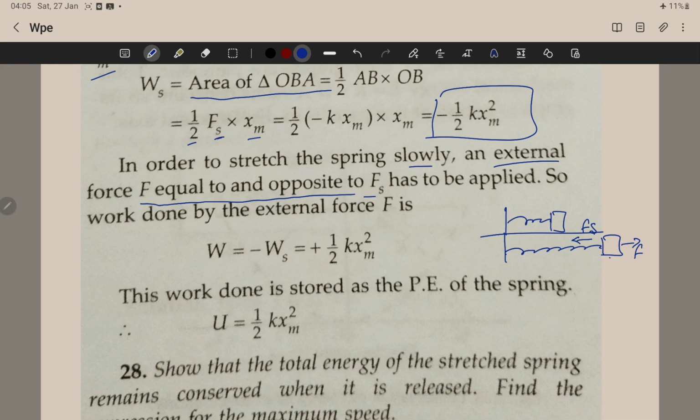The work done by the external force gives the same magnitude, but since the force is positive, the work done is positive. This is the negative of the spring force's work, so it becomes half kxm square.